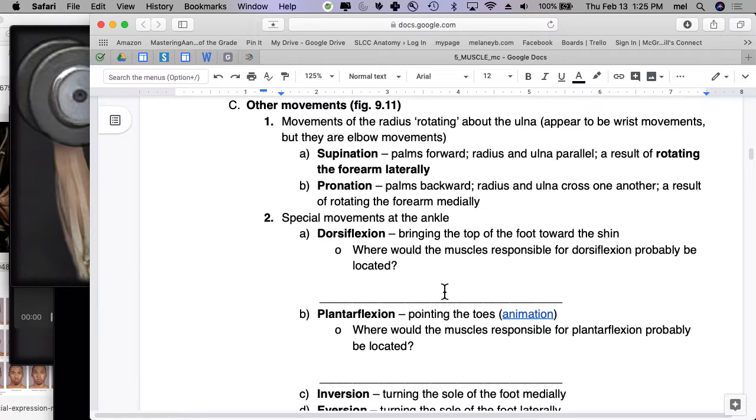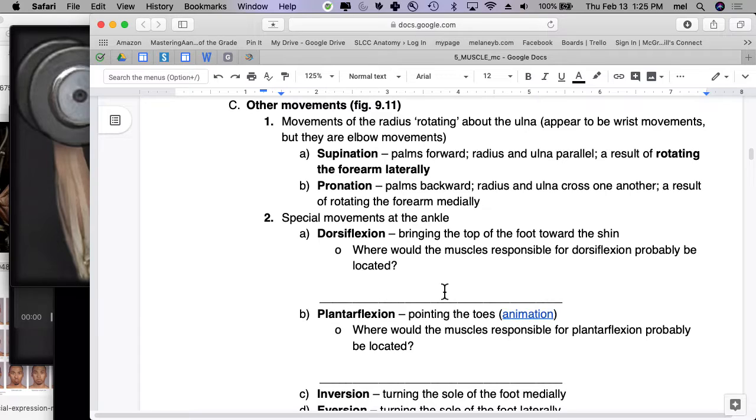I'll show you the animation for plantar flexion in just a second. And then there's a subtle movement that happens at the ankle. Feel it on yourself because it's not super dramatic. That subtle movement is called eversion and inversion. If you start with the sole of the foot and move it laterally, that's eversion. If you start with the sole of the foot and move it medially, that's inversion.